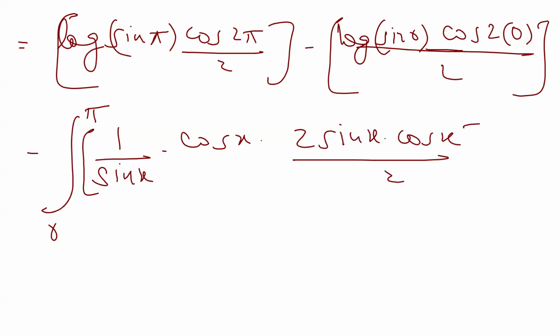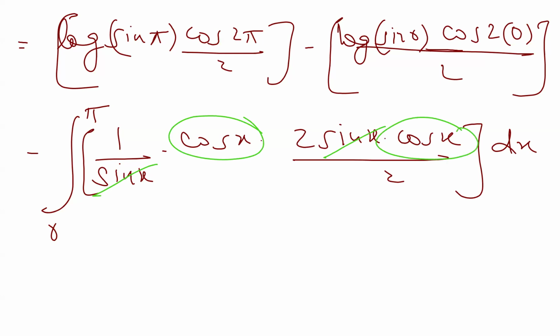So see, sin and sin is getting cancelled, and this will be cos square x. I think this should be sin; I just copied it wrong from the previous slide.